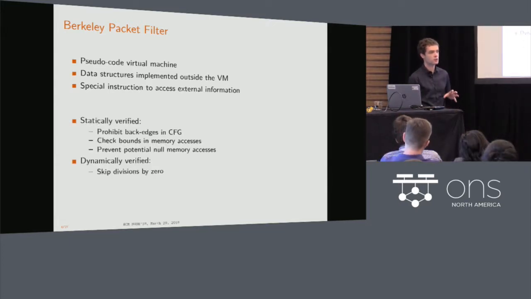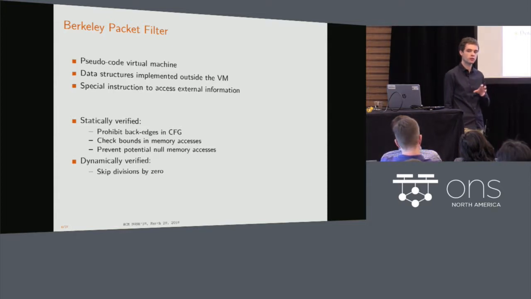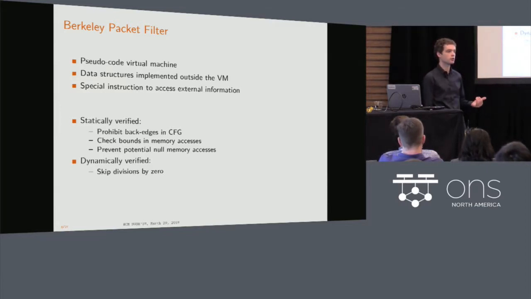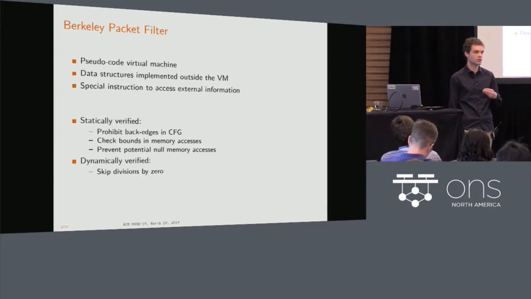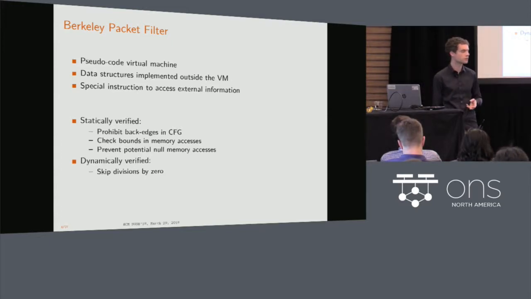But what's most interesting about BPF is that programs are actually verified before they're executed in the Linux kernel. There is a set of verifications both before and during the execution of programs. It makes sure that programs will terminate, so it checks for the absence of back edges in the control flow graph. If you don't have back edges, you won't have loops in your program, and you are sure that it will terminate.